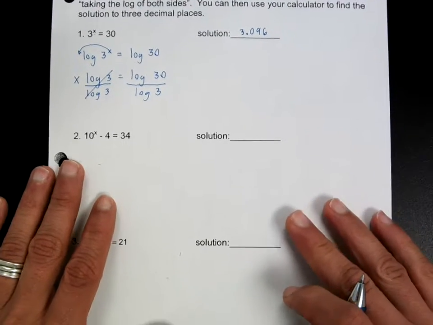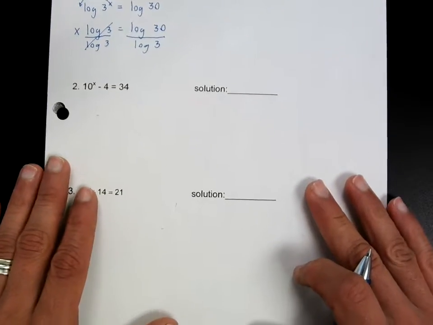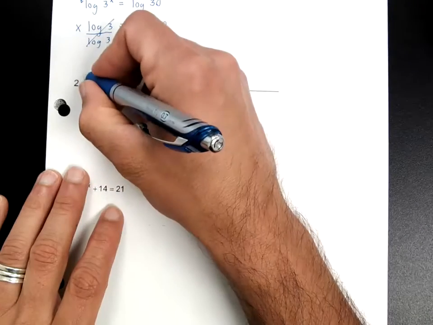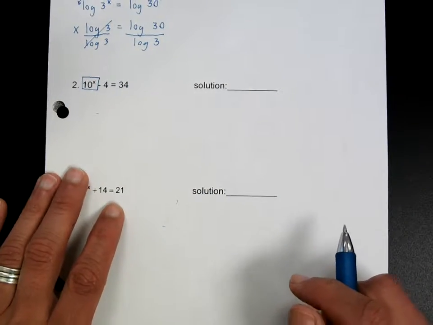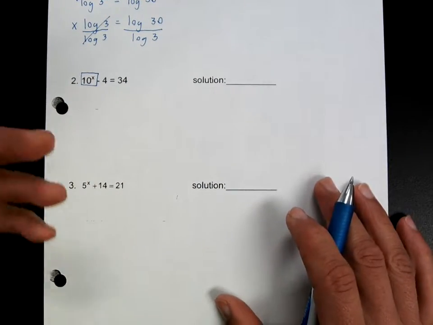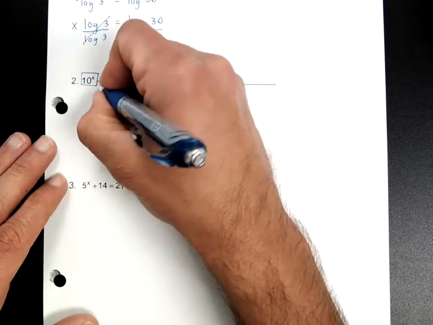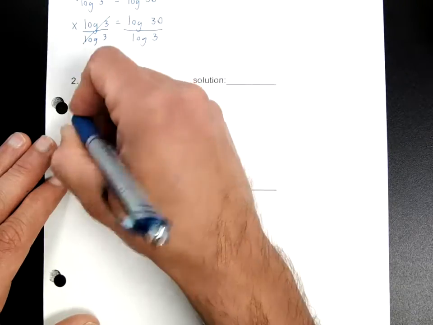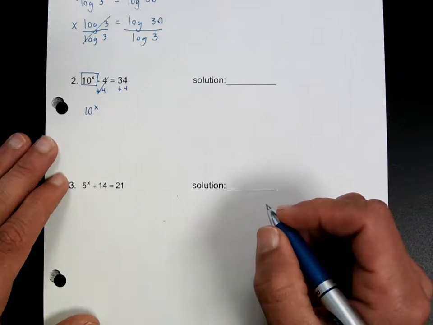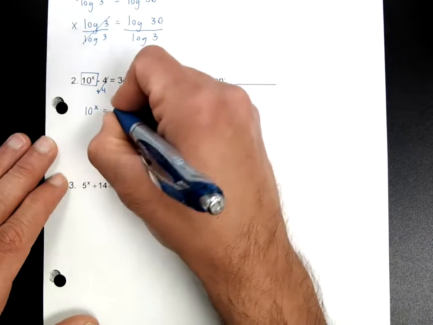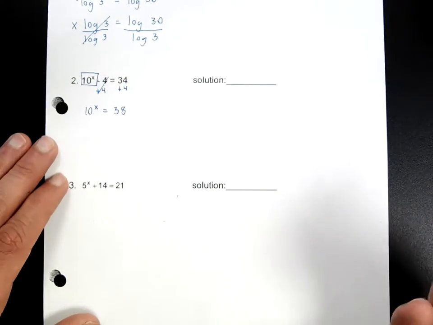In all of these, what you're really trying to do is isolate the term that has an exponential function. This part right here, I'm trying to isolate. To do that in example number 2, the first step is to add the 4 to each side. Once I have some number to the x power equal to some other number, that's when I want to use the log on each side.